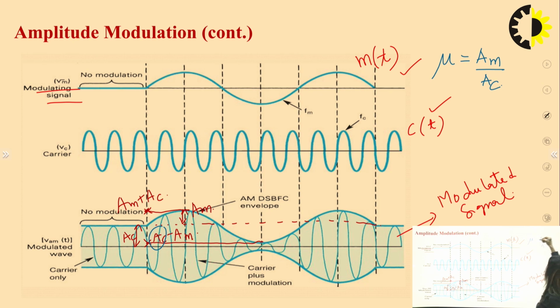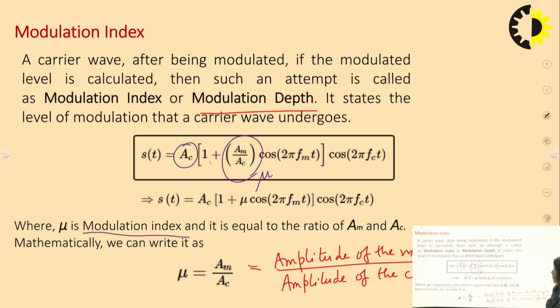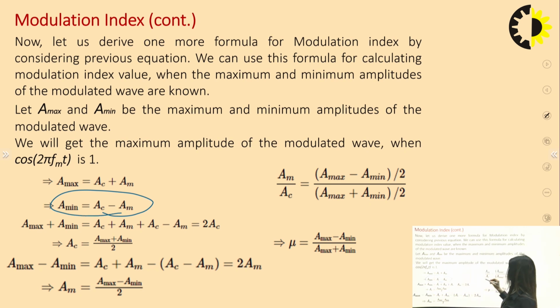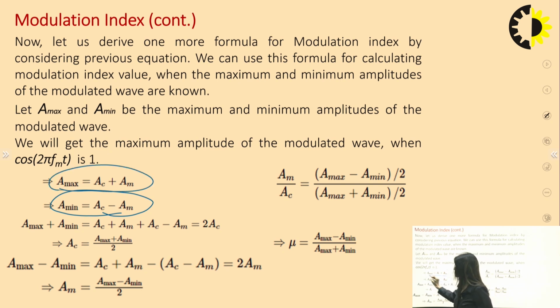That means if AC is greater than AM, this value would be less than 1. The highest point is AM plus AC, and this particular point would be AC minus AM. So the maximum amplitude A max is AC plus AM, and A minimum is AC minus AM.